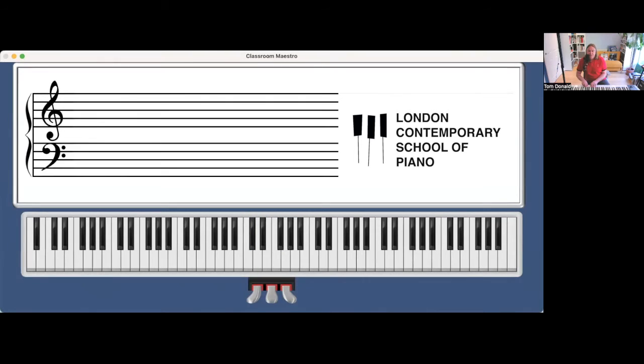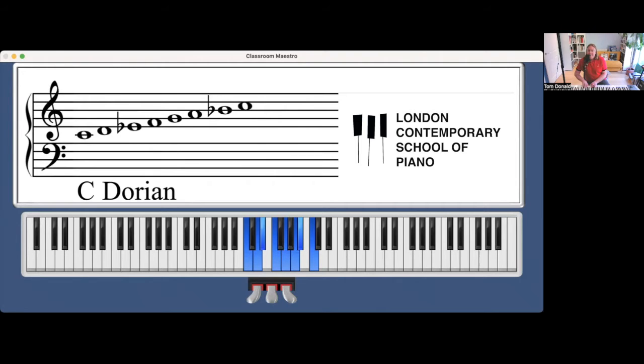We can flatten the third and the seventh, and we get a Dorian mode. In this case, a C Dorian mode. And yes, the C Dorian mode is related to the B flat major scale, but that just was another way of finding the scale by flattening the third and the seventh from a C major.